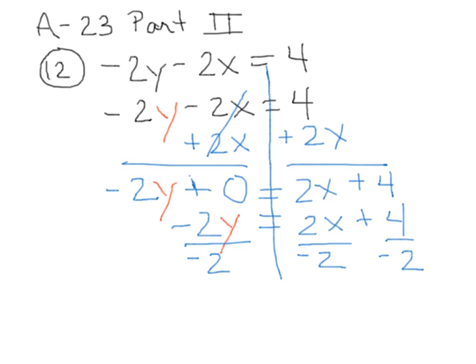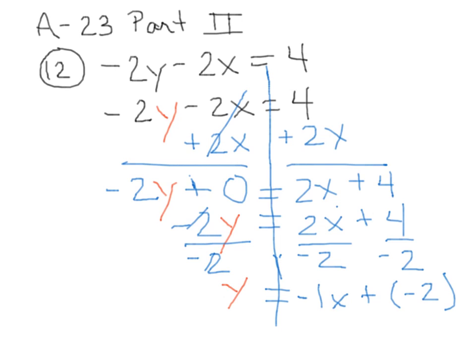And so that's going to give us, on this side here, I have 2 divided by negative 2, so that's a negative 1x. 4 divided by negative 2 is a negative 2. And then my 2's here will cancel just like I wanted them to. And I have, in fact, isolated my y.